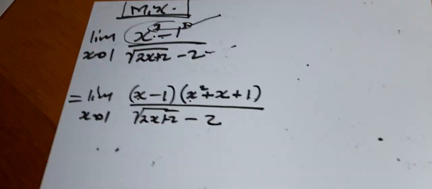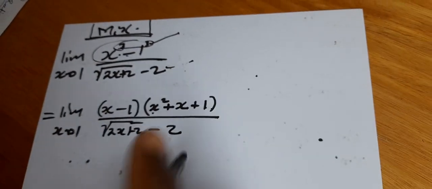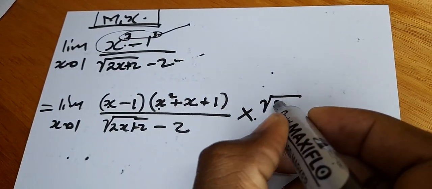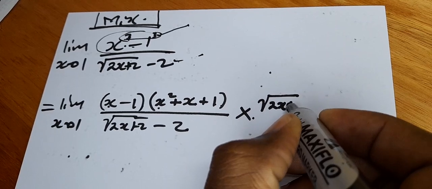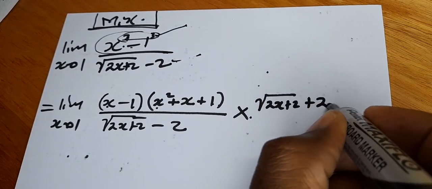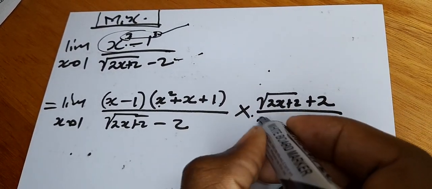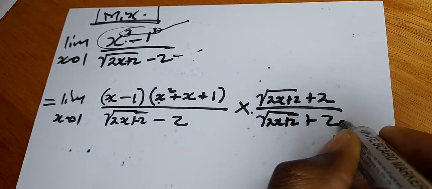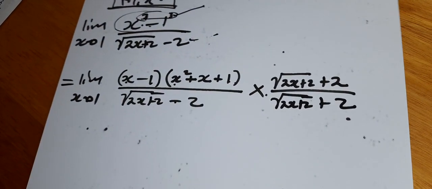So here we have to rationalize. We are going to multiply by the square root of 2x plus 2 plus 2, all over the square root of 2x plus 2 plus 2, since here we have positive.